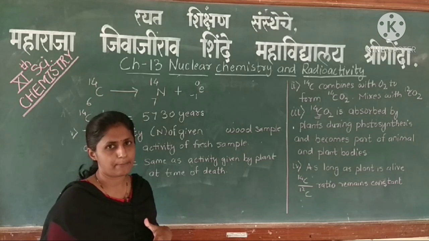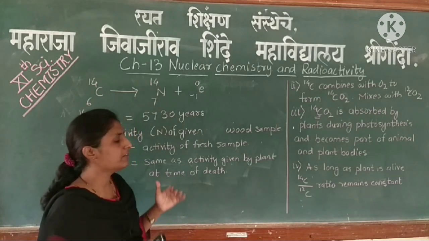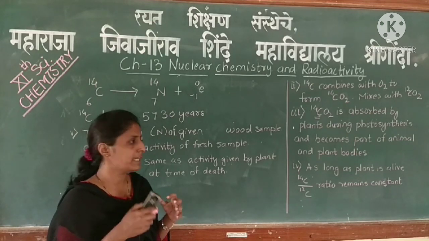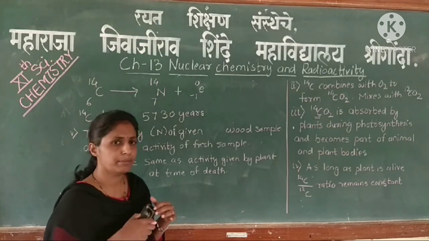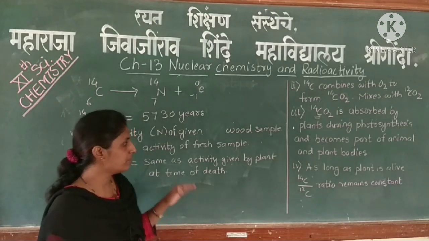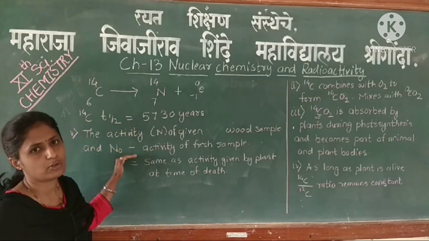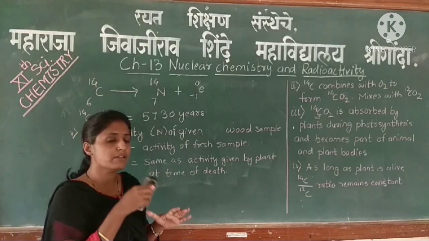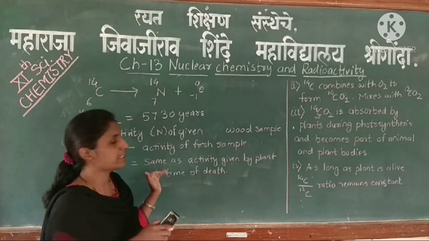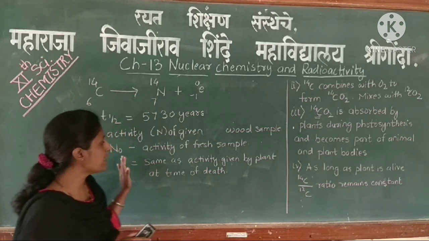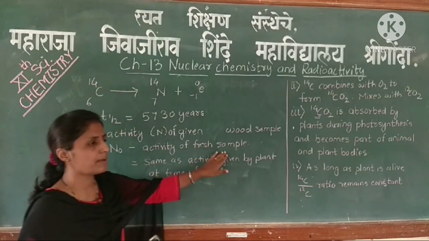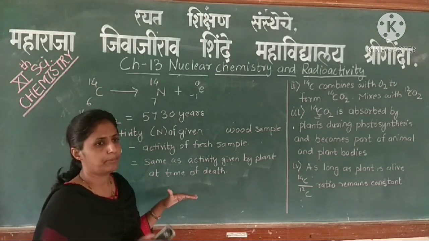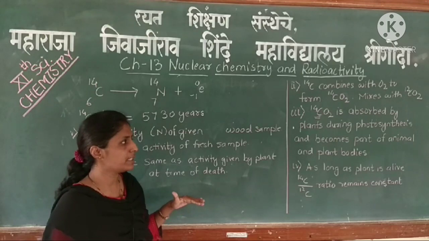The activity of the plant whose sample we are studying, when it died, will be N0. The activity of the fresh sample now is the same activity it had when it died. So this N0 is nothing but the activity of the fresh sample and it was the activity of the plant at the time of death.